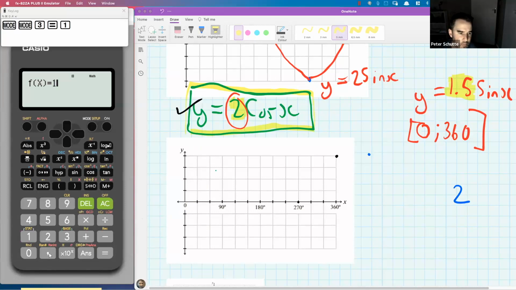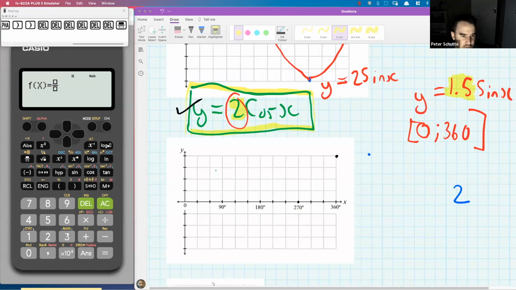Let's wait, let me go. Is that a point sign? Okay, 1.5. We're going to find out now if that works. Sine alpha x. Actually, my calculator is being weird.